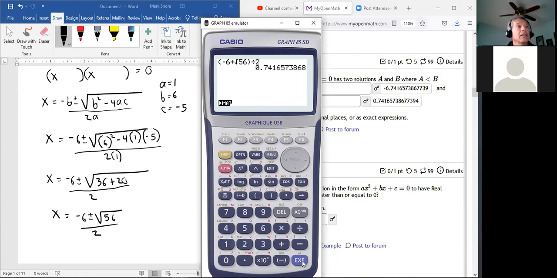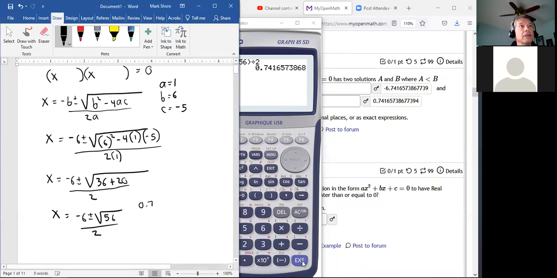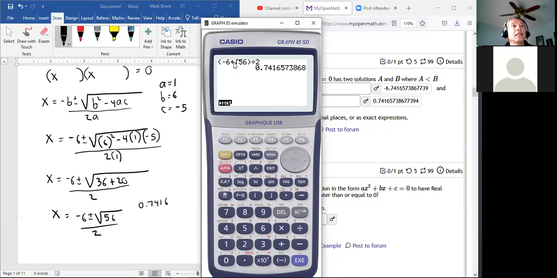If I do that, I get this answer of 0.7416. But you have to do the same problem again with a minus sign in between the negative 6 and the square root of 56.